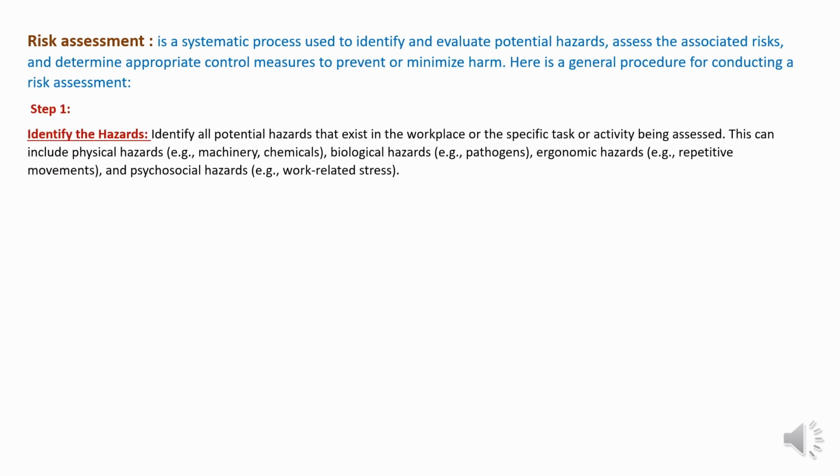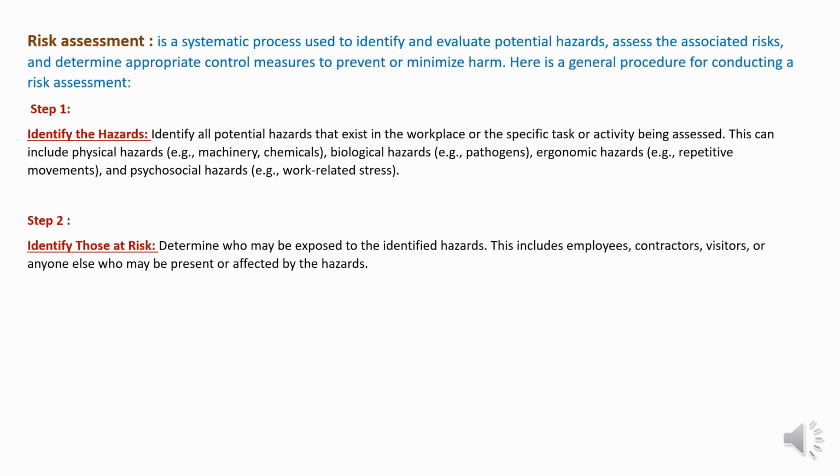First we need to identify all the potential hazards that exist in the workplace or in the specific task or activity being assessed. This can include physical hazards, such as machinery or chemicals, biological hazards, such as pathogens, ergonomic hazards, such as repetitive movements, and psychological hazards, such as work-related stress.